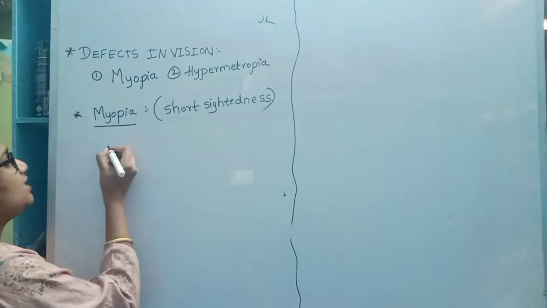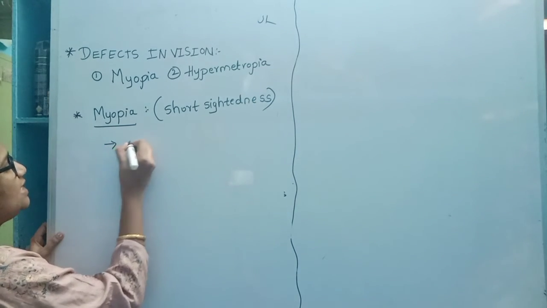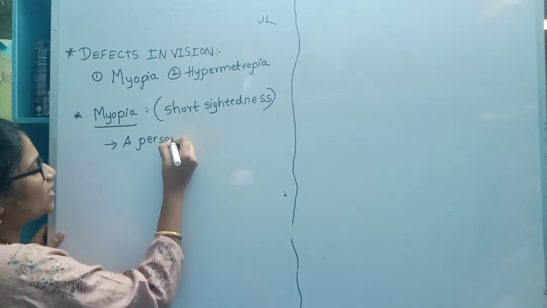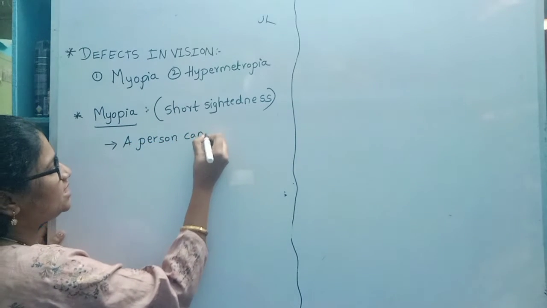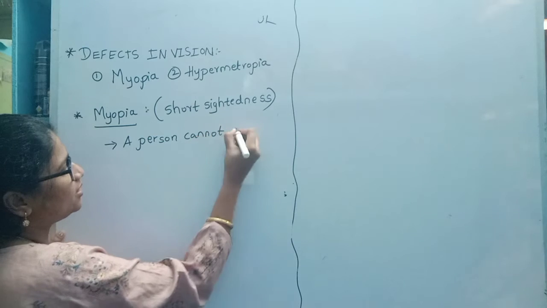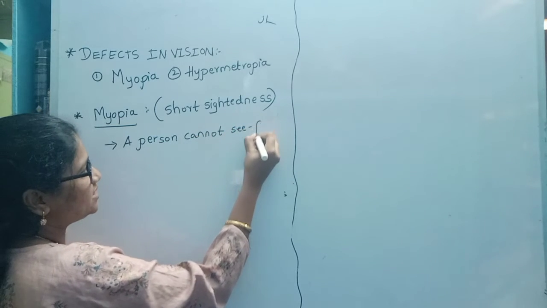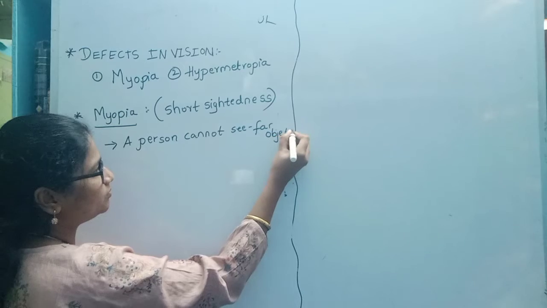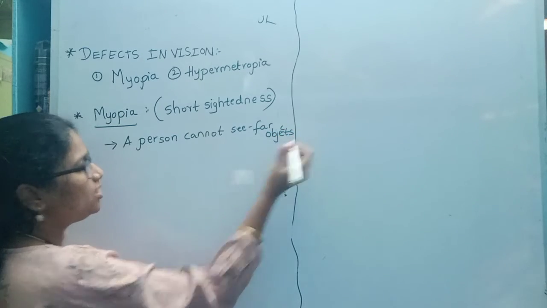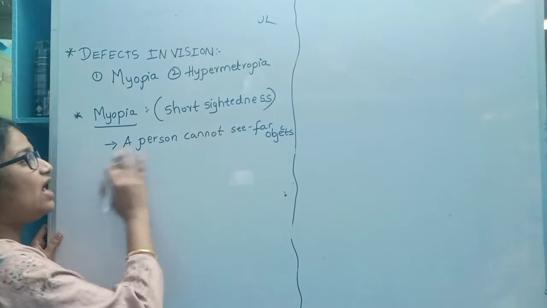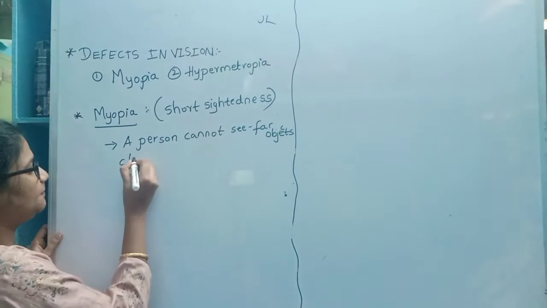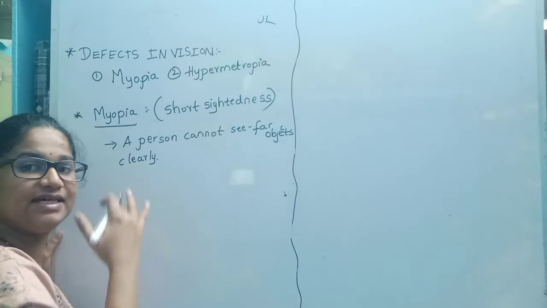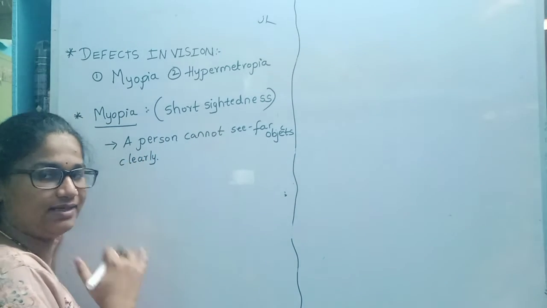Short-sightedness means a person cannot see far objects clearly, but he can see nearer objects very clearly.